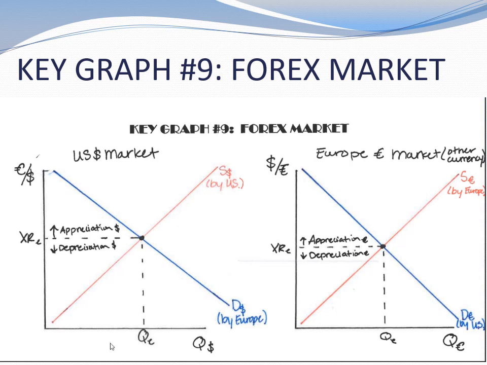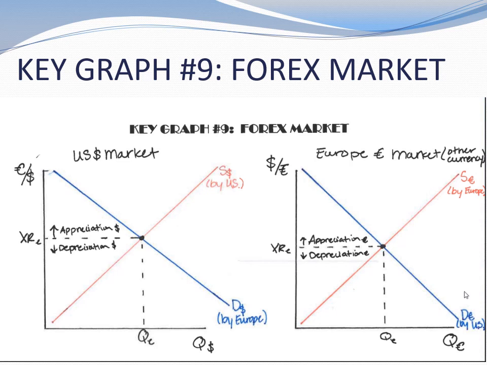The demanders of US dollars in this circumstance are going to be the Europeans because they're the ones that are going to need to exchange their euros for US dollars anytime they want to purchase American-made products. And conversely, we are the demanders of euros because we don't have any, and whenever we want to purchase European products, we've got to get some euros. And the Europeans are the ones that supply those euros.